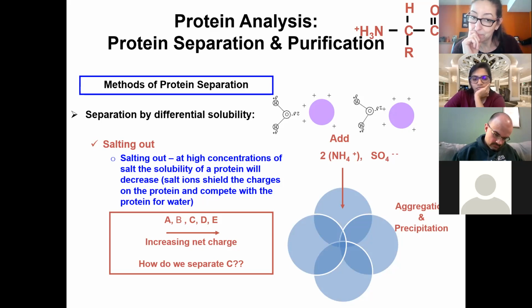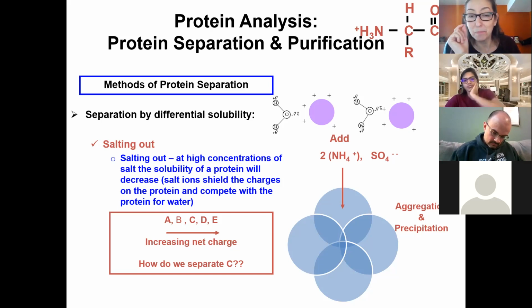And then you have a mixture of C, D, and E basically. Now in that mixture, you add a high concentration, or vary it in a way that C remains in the solution and D and E are taken out. You're very close, very, very close.